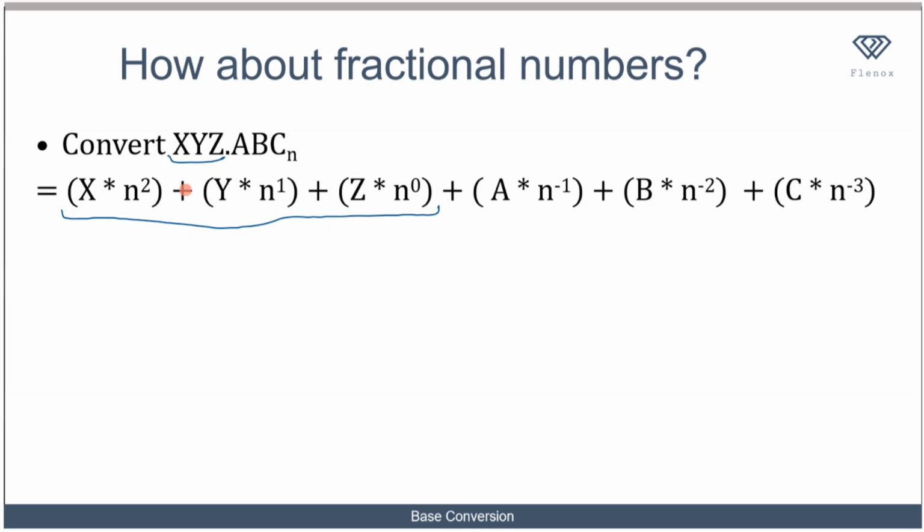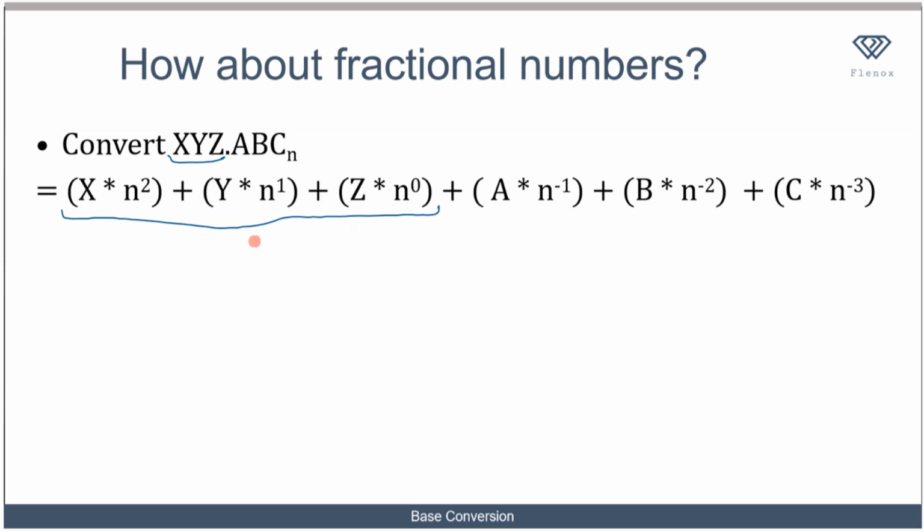What we just do is we similarly decrease the power of n. As you can see, there is a steady decrease in the degree of n. Here you have 2, you have 1, you have 0. Then starting from the first digit after the decimal point, you have n to the power of minus 1. Then you have b, n to the power of minus 2, and c, n to the power of minus 3.